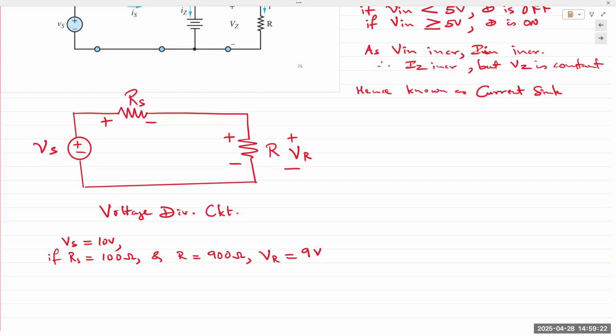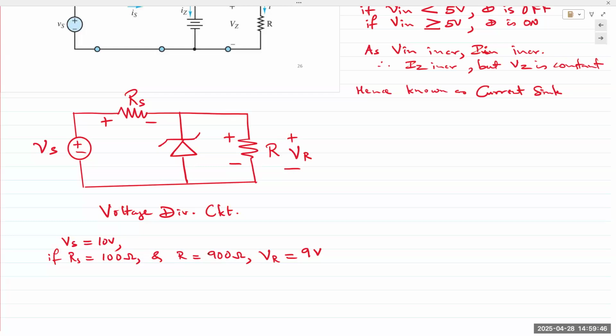Now, if we connect a Zener diode right here, you have 9 volts available that is being applied to that Zener diode because of the voltage divider circuit. The reason I'm explaining it this way is because without the Zener, it makes sense.